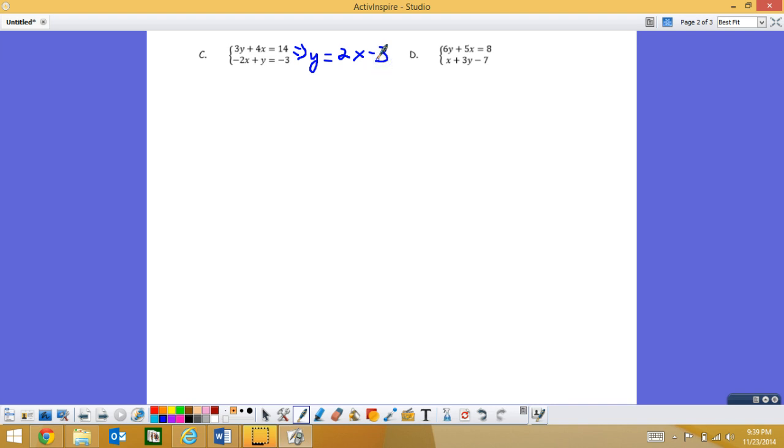Now we can take what y is equal to and substitute it in for y in the other equation. So instead of 3 times y, we're going to have 3 times 2x minus 3, plus 4x equals 14.